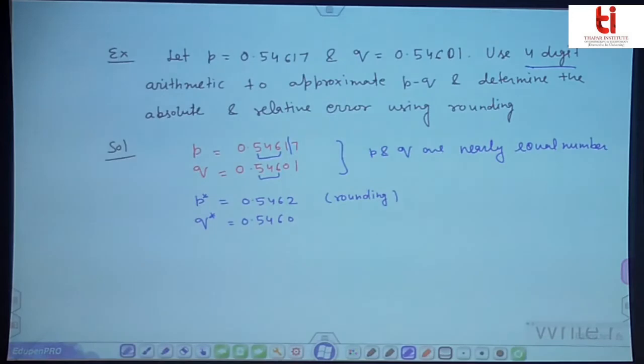So now find the exact value of the subtraction p minus q, which is 0.00016, and find the approximate value of the subtraction, which comes out to be 0.0002. So if you see, the exact value has two significant digits.